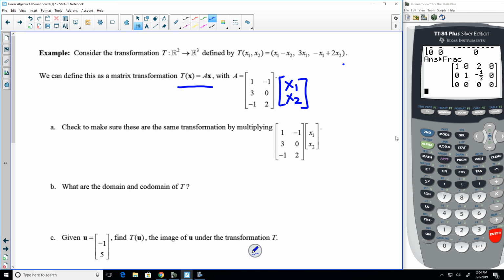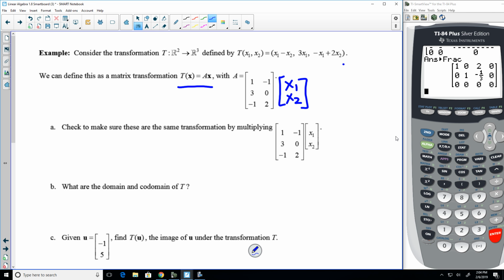We talked about two ways, right? We did the linear combination. You multiply the first column by x1, the second column by x2, and add them together. So is that what happens? x1, 3x1, negative x1, added to negative x2, 0x2, and 2x2. See that?